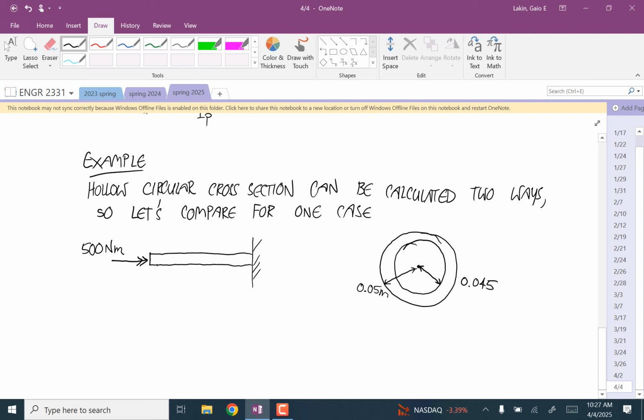Right? And let's choose a point to calculate the stress. Just to keep getting used to rotation matrices and stuff, let's calculate it here and here. Okay.